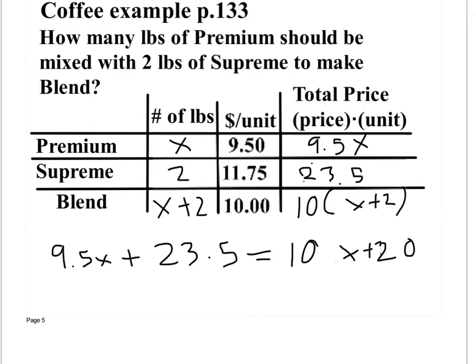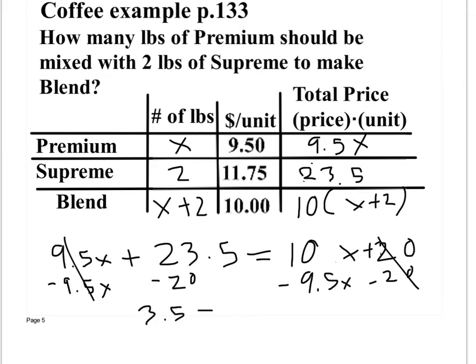Now I want to get x on the same side, so I'm going to move my smaller one. I'm going to subtract 9.5x from both sides, and in the same step, I'm going to subtract 23.5 to move it over there so I can get x by itself. So over here I have 3.5 is equal to 0.5x.